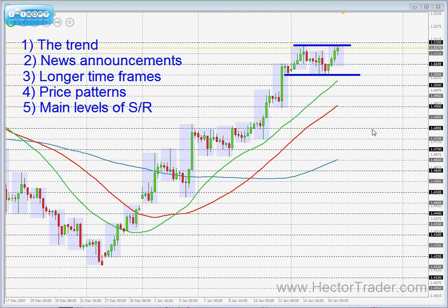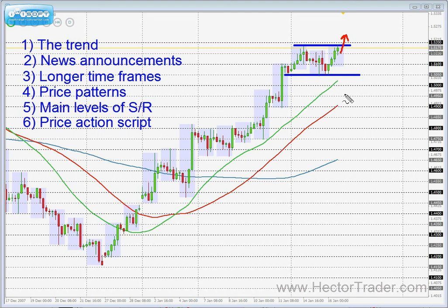Another element you always want to write down in your trade plan for the day, at least as far as this setup goes: what type of price action do I want to see in order to consider getting involved with this market? Well, I just mentioned it. I want to see a breakout to the upside. Moreover, I don't want to see just a normal breakout.